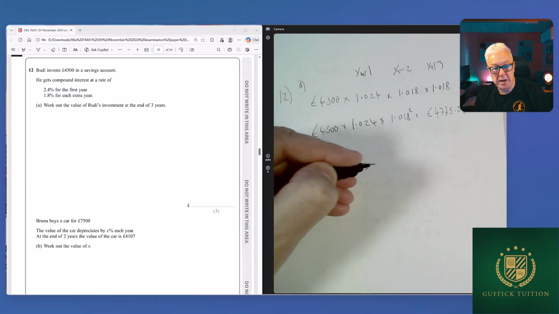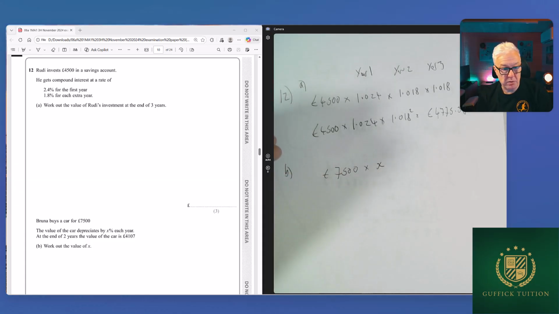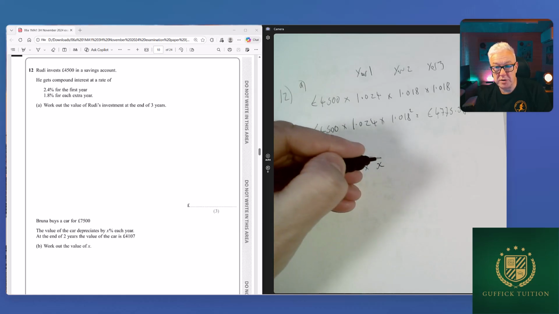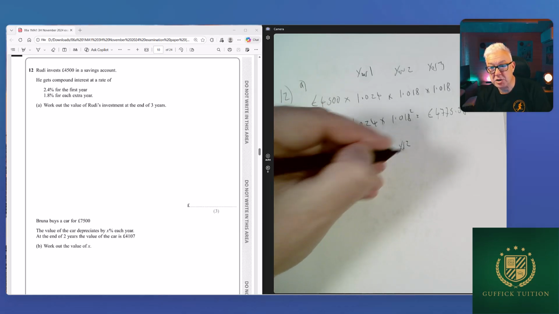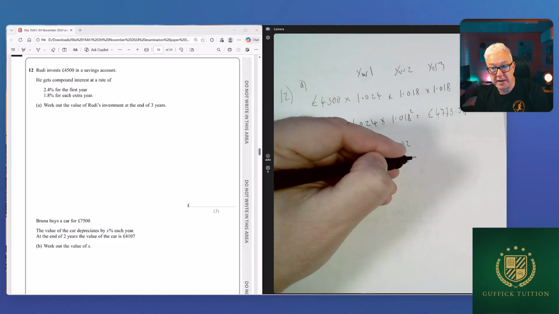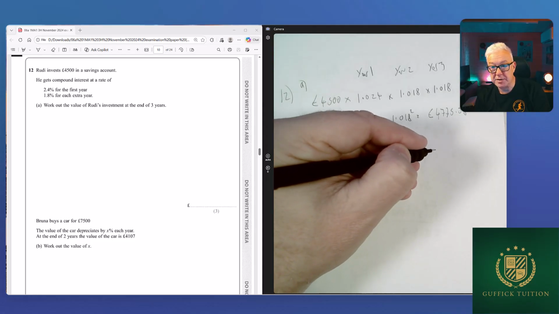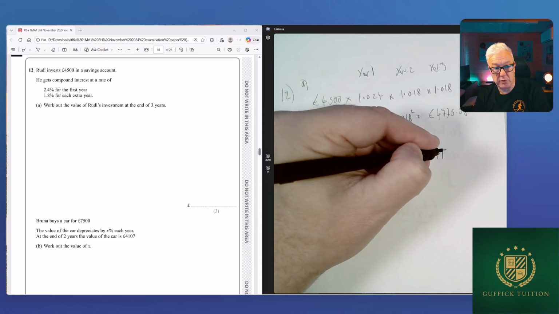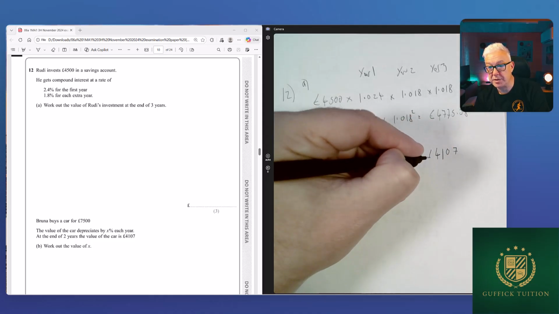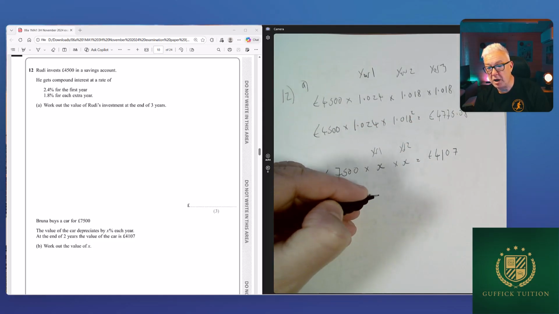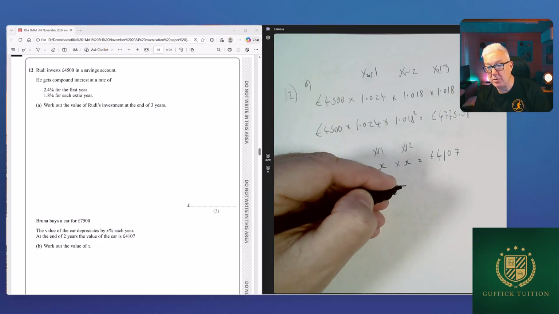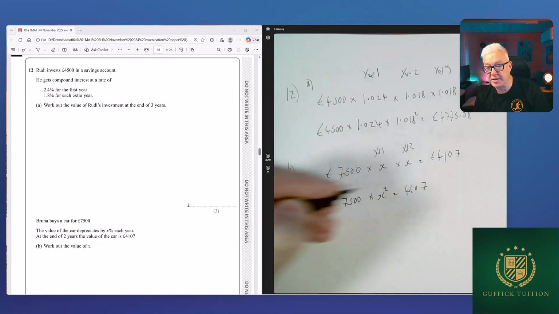We multiply it by X, which we don't know, but it depreciates that much in year 1, and then in year 2 it depreciates by that amount again, and at the end of this process the new value of the car is £4,107. So in other words, 7,500 times x squared is equal to 4,107.